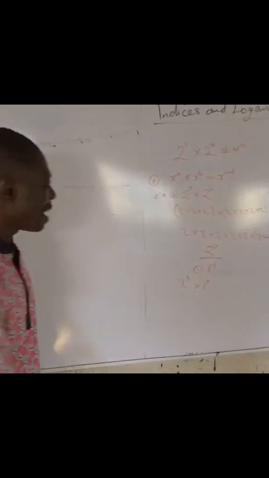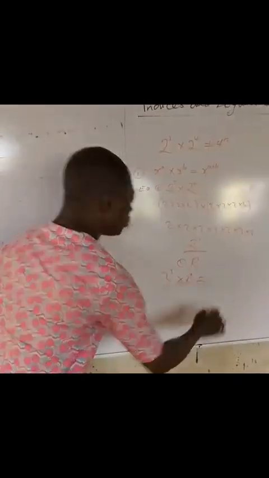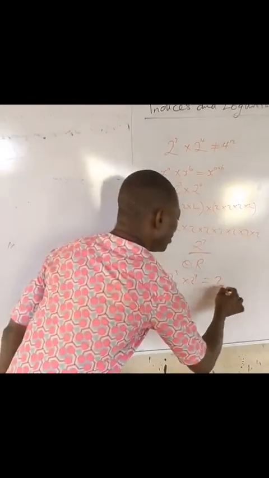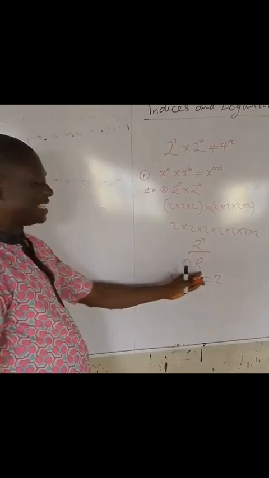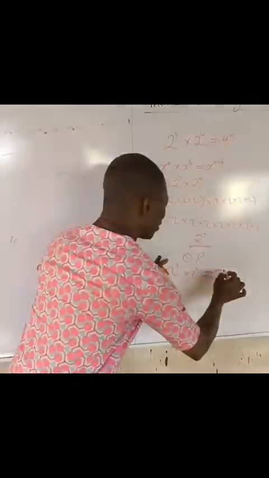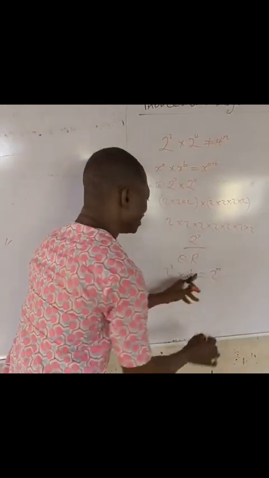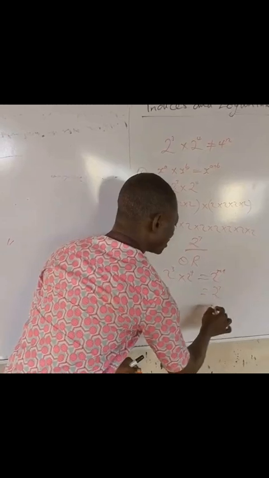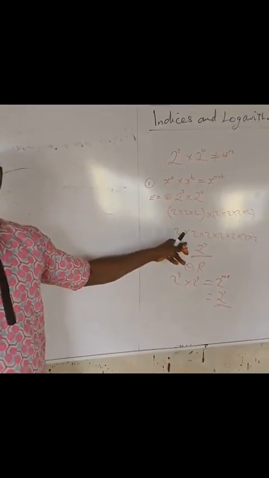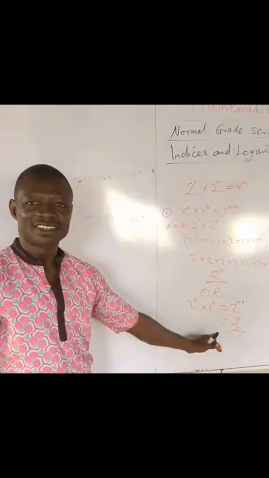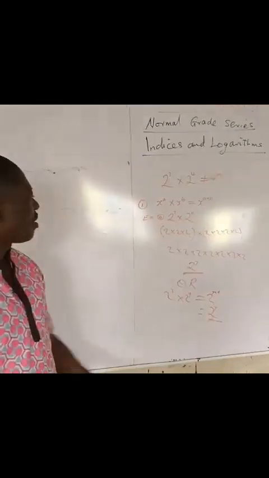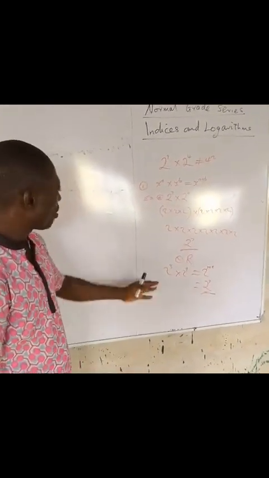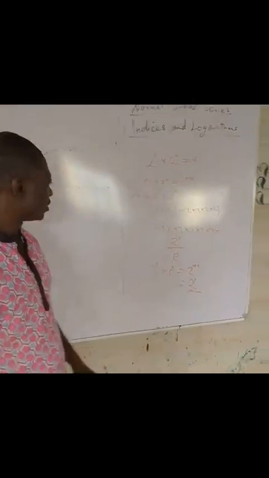The law of indices permits us to pick one base. The base here is 2. So when we pick one base, just add the indices. The index of this is 3 and the index of this is 4. Therefore, we have 2 raised to the power 7 as we got before. Can you see that this is shorter? That is what the laws of indices is about. Here we have simplified the calculation.